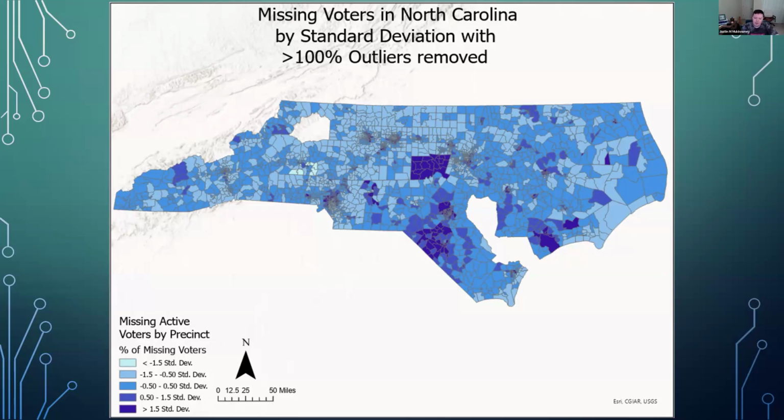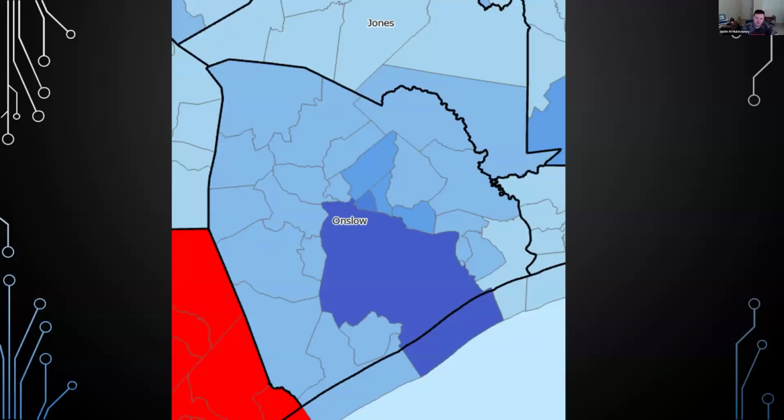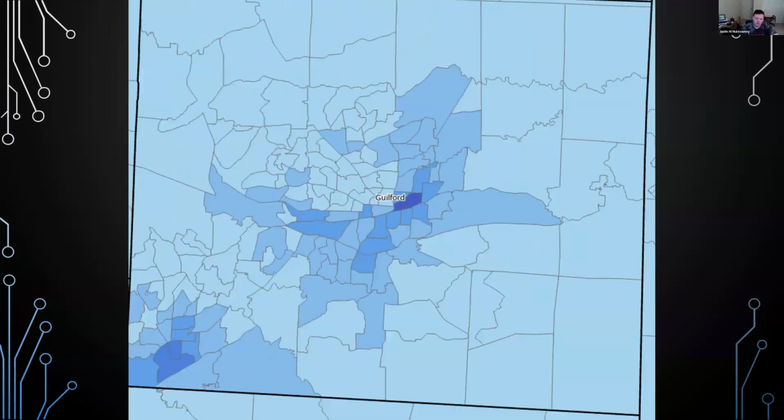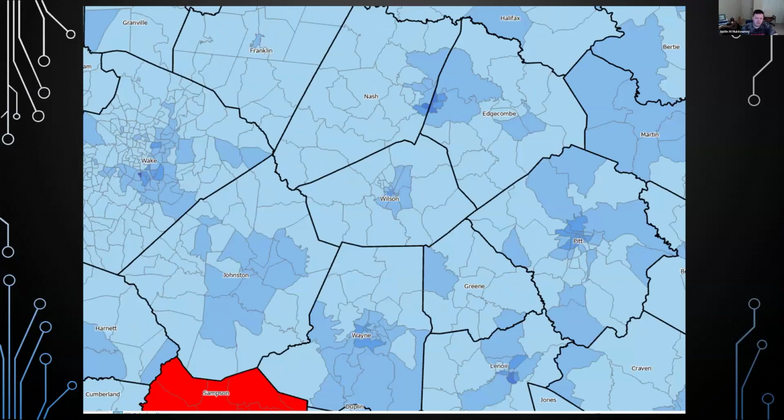After I looked at this, I dug deeper and looked at each county. What I found was that each county had an area in it with lower turnout than everywhere else in the county, and you can see those in the darker blue.